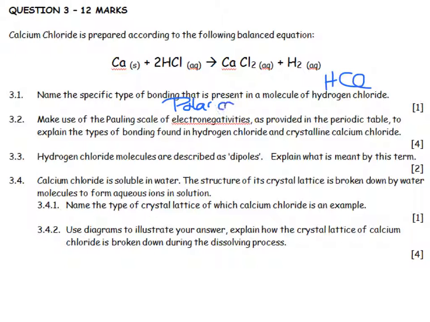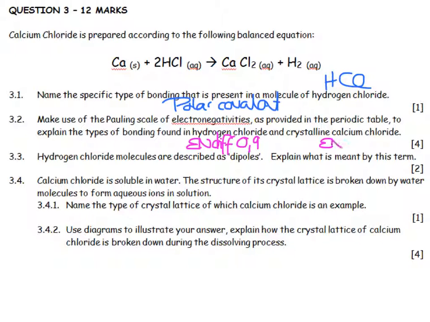It is polar covalent. The next thing is, again, make use of this idea of Pauling scale of electronegativities as provided on the periodic table to explain. So you have to explain the types of bonding found in hydrogen chloride and in calcium chloride. You've got to use the electronegativities. So you need to say that in hydrogen chloride, the electronegativity difference is 0,9.